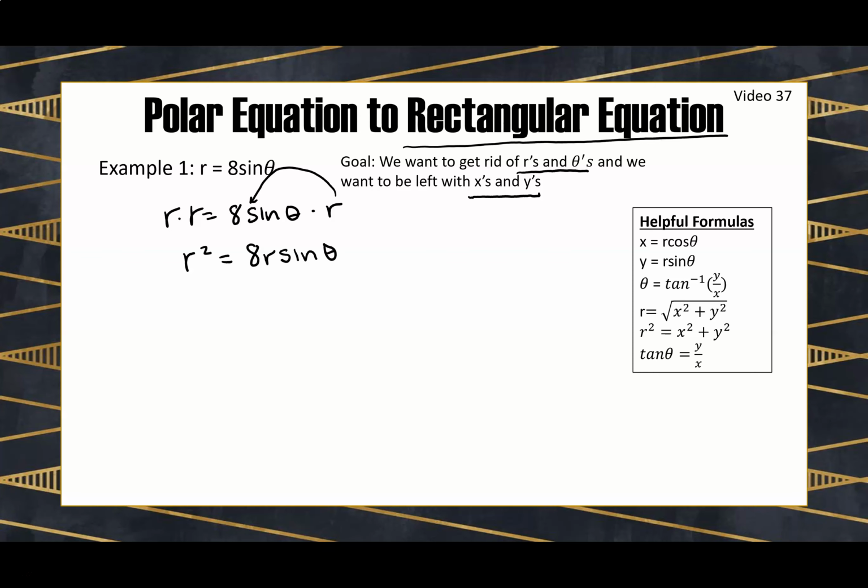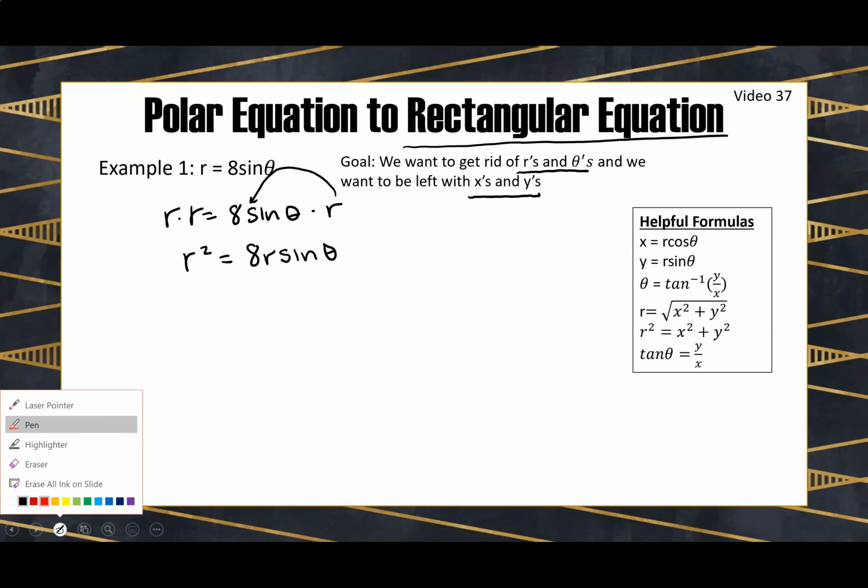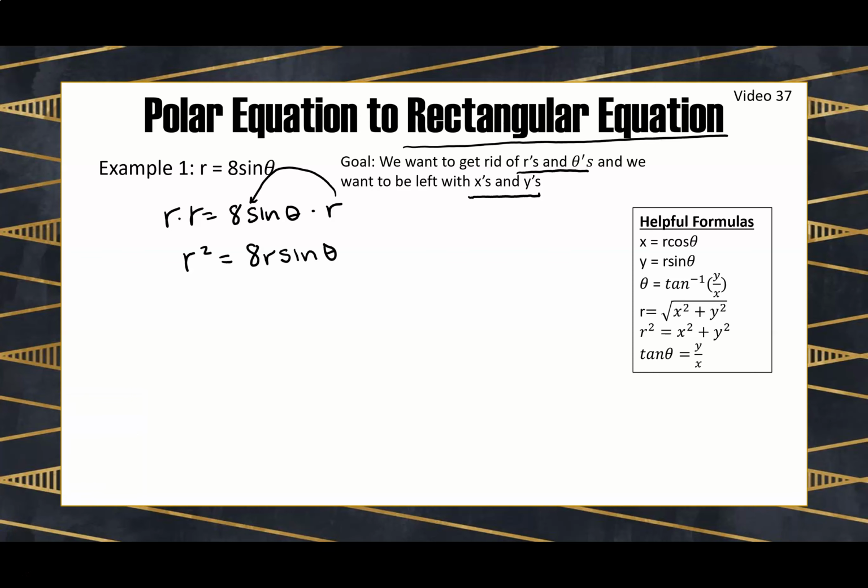This is a cool trick because now I have two matches. When I say a match, I mean I see an r sine theta in my problem, and I also see an r squared in my problem.